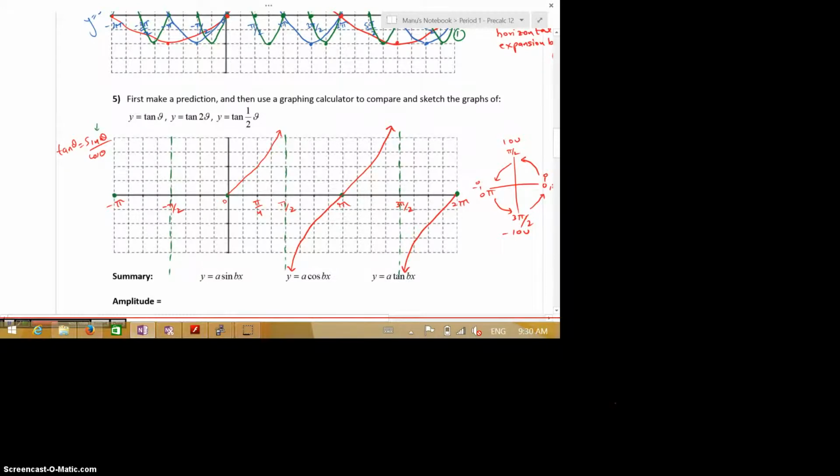And I can extend this graph in the same way over to the left hand side. It's going to give you something that looks like this because it's periodic. So that's going to end up being your tangent of theta graph.